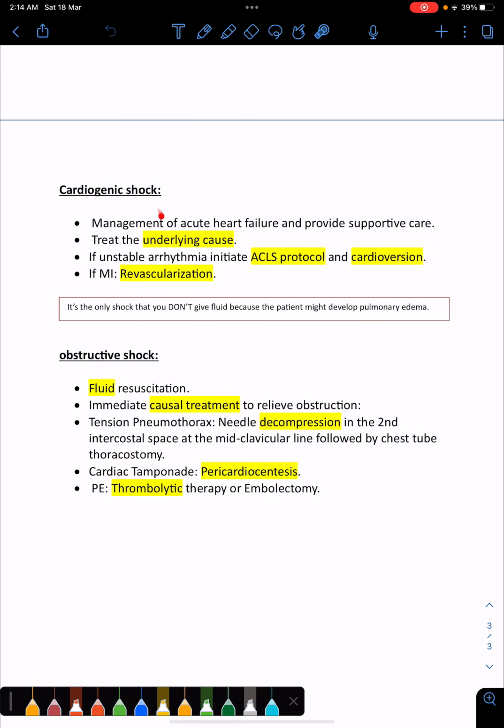Cardiogenic shock: management of the acute heart failure, and provide supportive care.